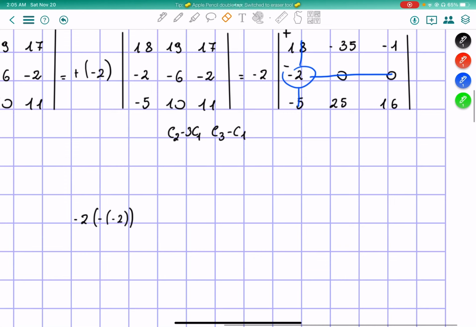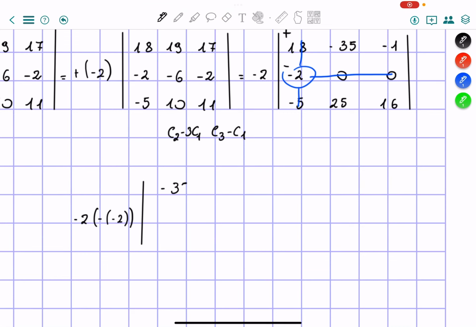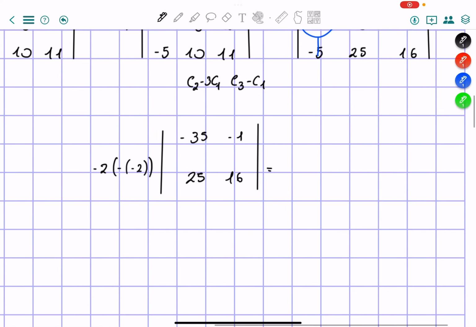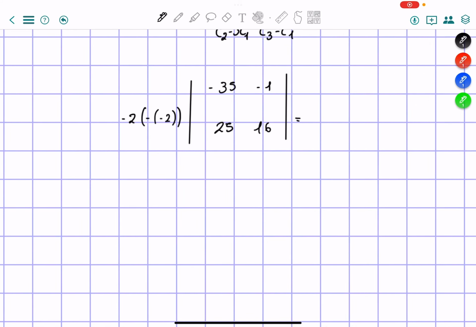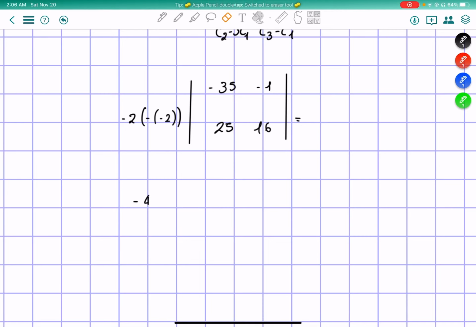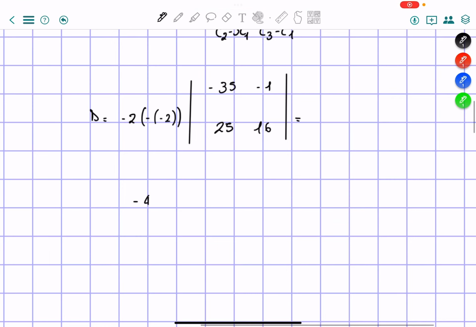And then the rest of the matrix that is left, which is negative 35, negative 1, 25, 16. So in front of it, I would actually get negative 2 times negative 2, which is negative 4, times. Of course, now we can find the determinant of this 2 by 2 matrix.